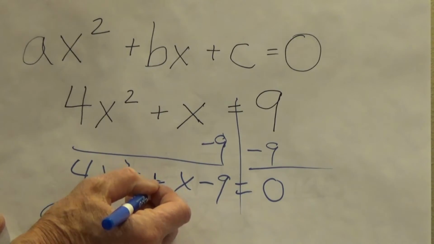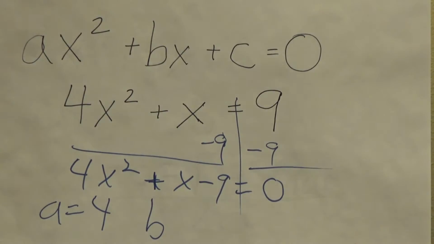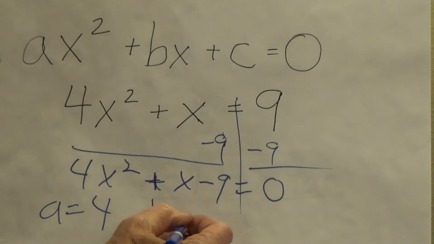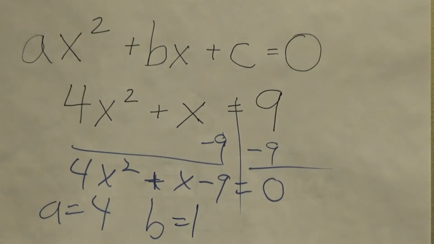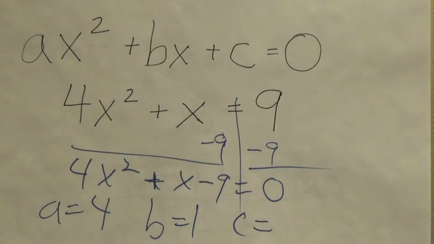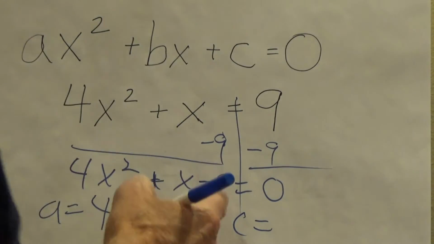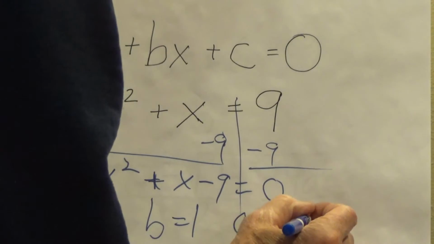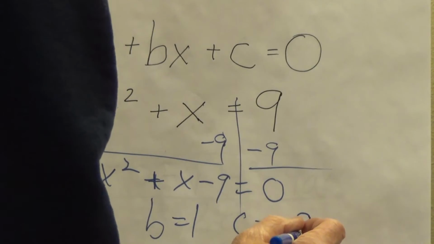I don't want to be too sloppy. So B is understood to be 1. B equals 1. And C, and again, C is not 9 in this case. C is negative 9.